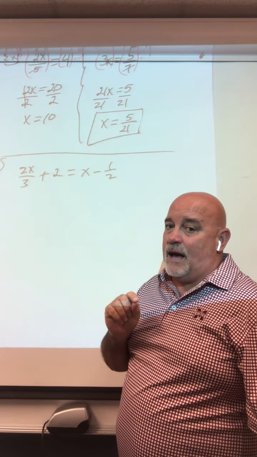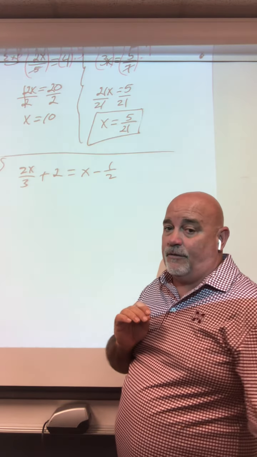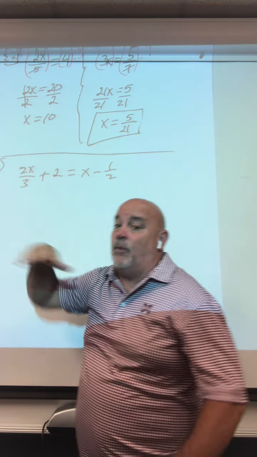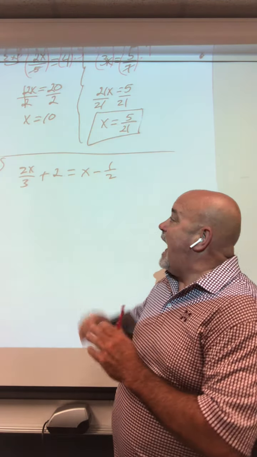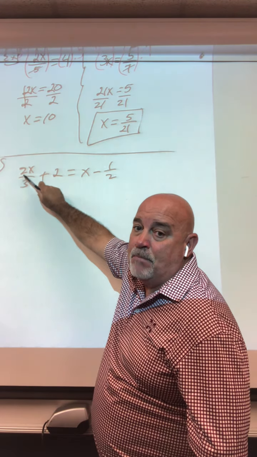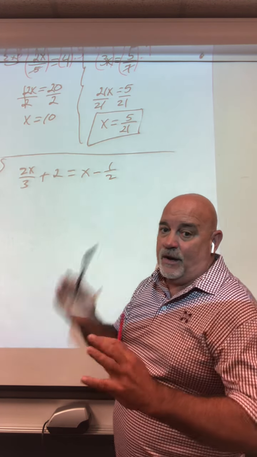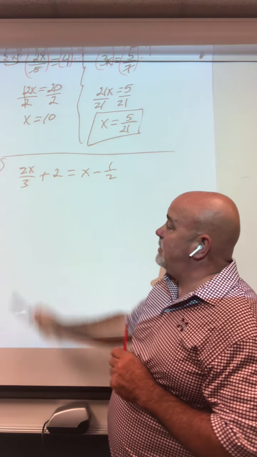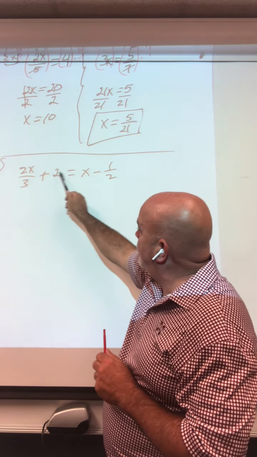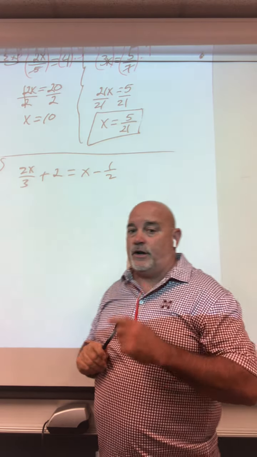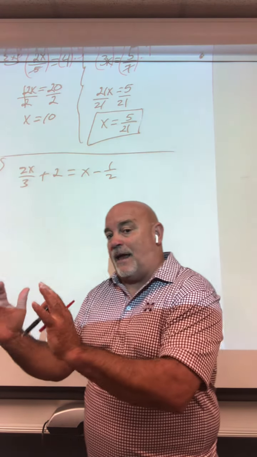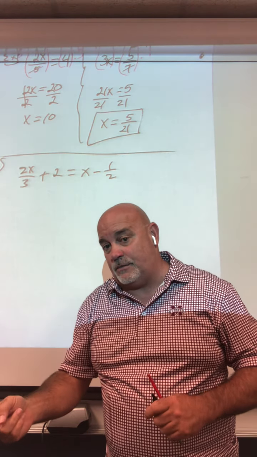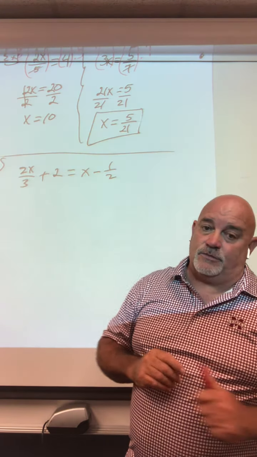Now, this is a very common mistake, so be sure you listen to this carefully. Whenever we multiply the left side by whatever we're going to multiply by, I must multiply both of these by whatever that number is. So it's every term on both sides. So let's count them. 1, 2, 3, 4. I have 4 terms. So when I multiply the left side by whatever number I'm going to multiply, I have to multiply the 2 terms on the left and the 2 terms on the right.